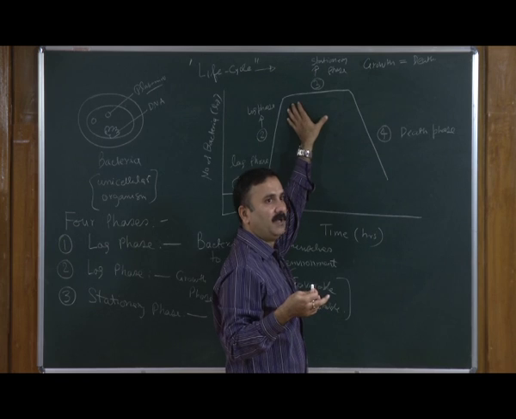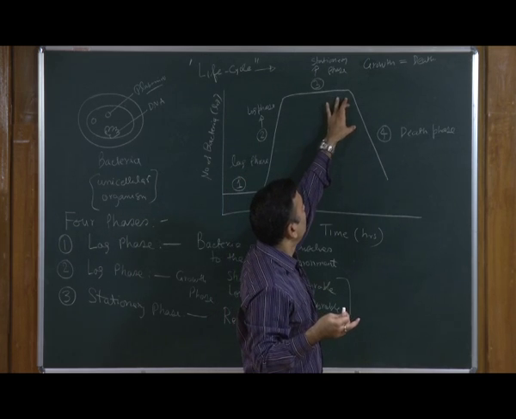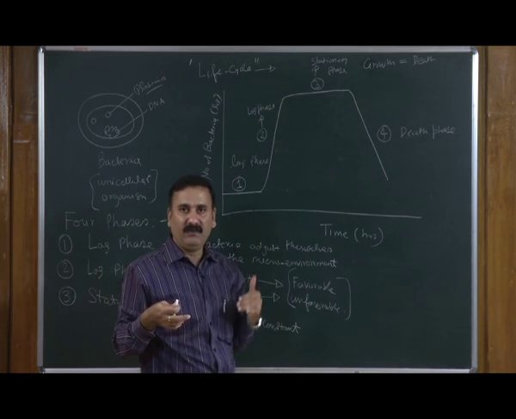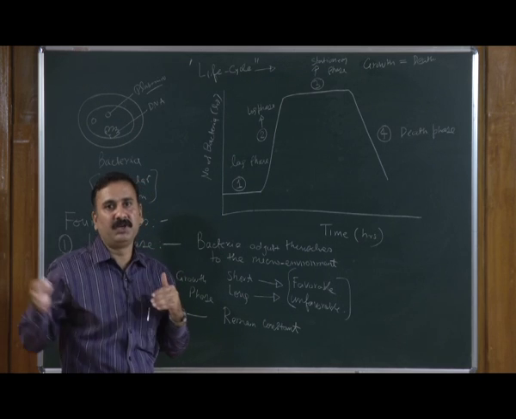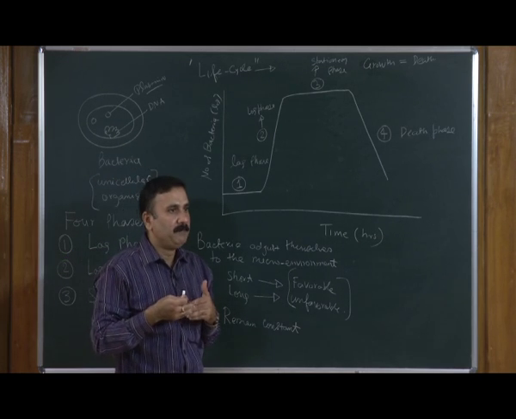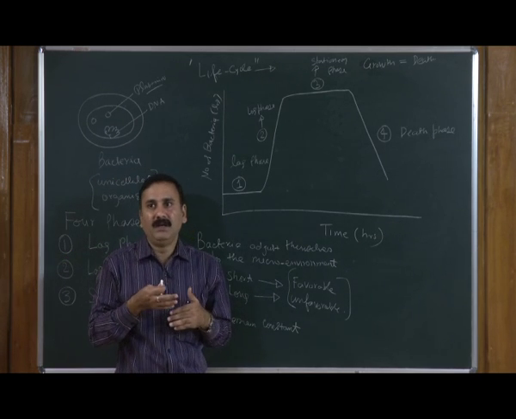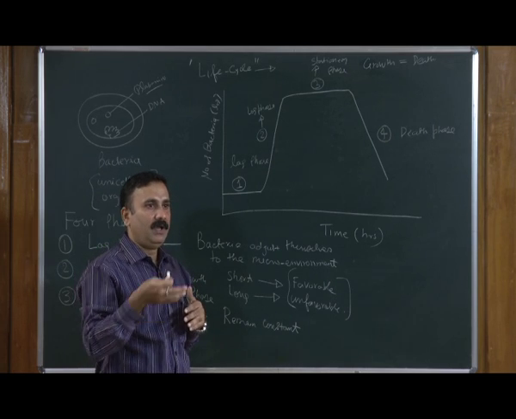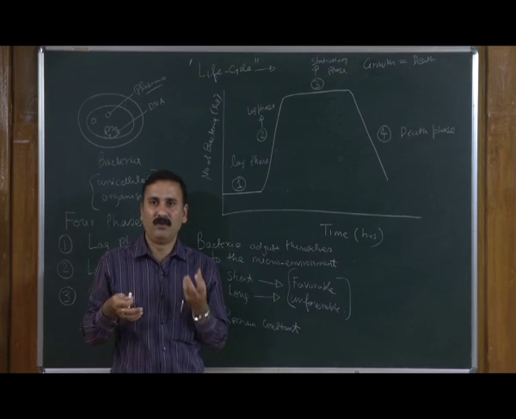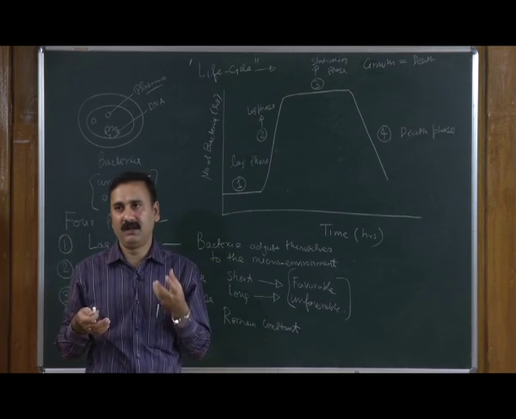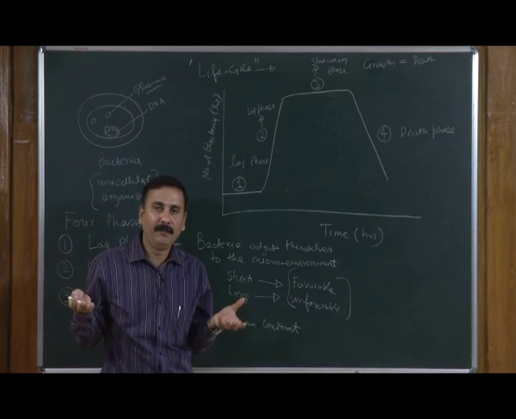But after some time there will be a death phase, when there is no nutrition available, and the bacteria will start dying in that small volume of microenvironment, just like in the example of the raindrop.